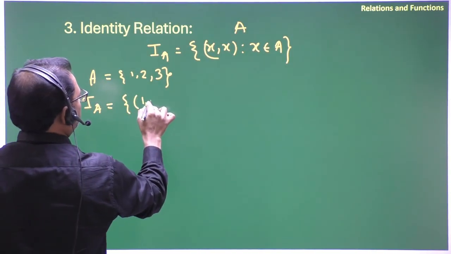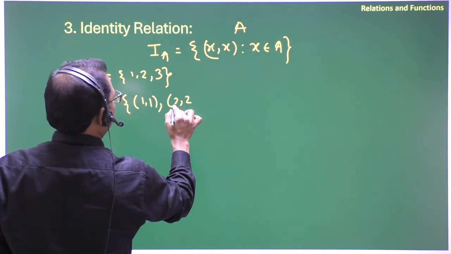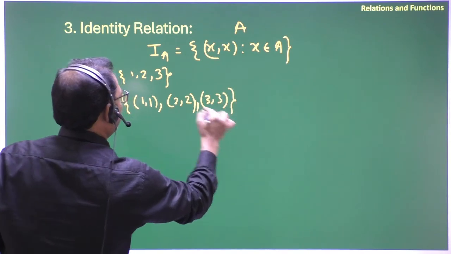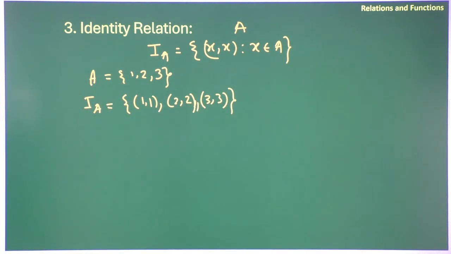So that is (1, 1), (2, 2) and (3, 3). This is nothing but the identity relation. I hope this part is clear to all.